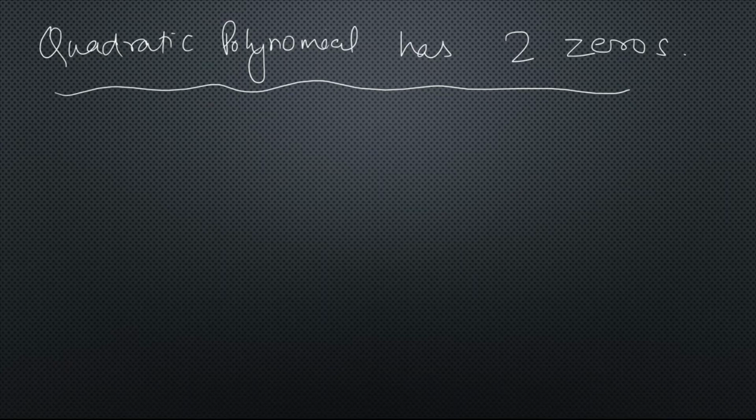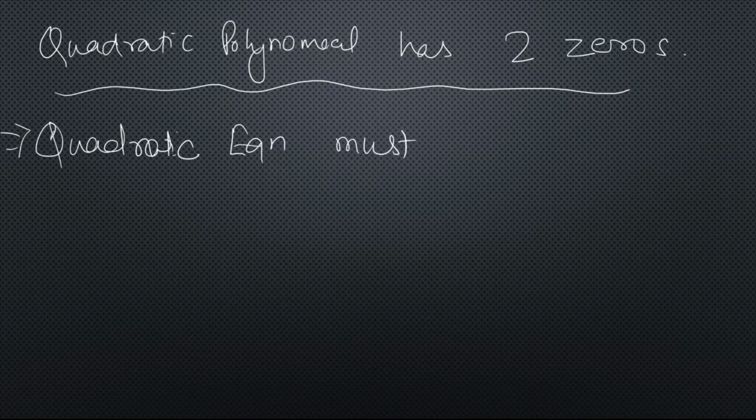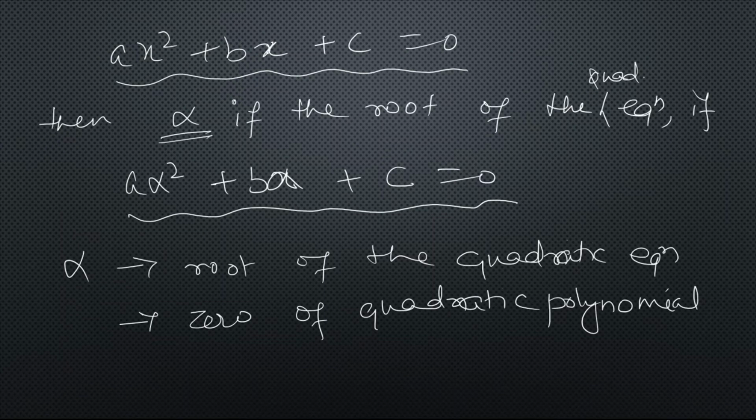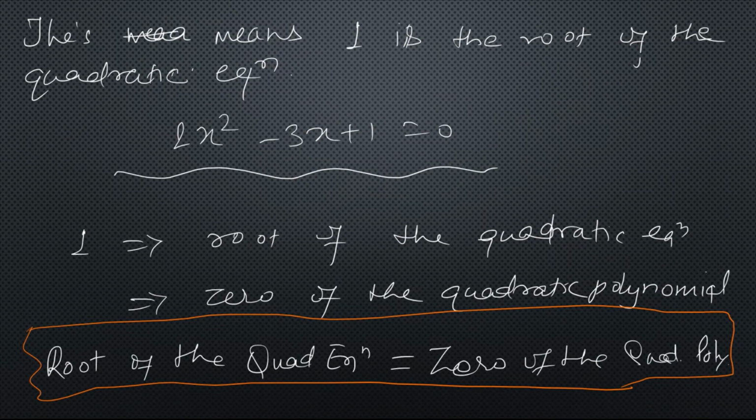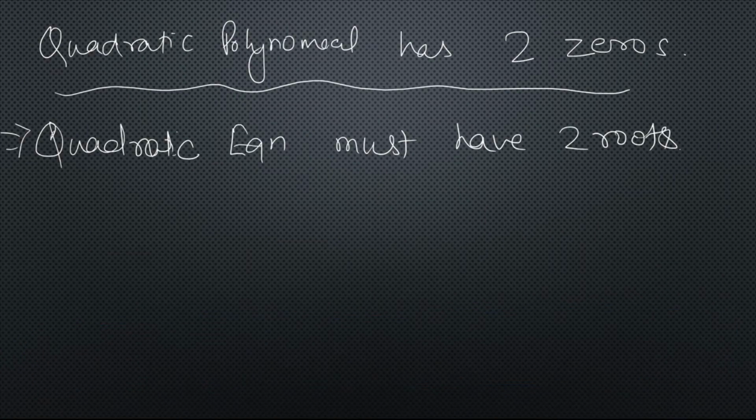So if a quadratic polynomial has two zeros, then according to this, a quadratic equation must have two roots, right? Like root of the quadratic equation is equal to zero of the quadratic polynomial. So quadratic polynomial has two zeros, then quadratic equation must have two roots, right?